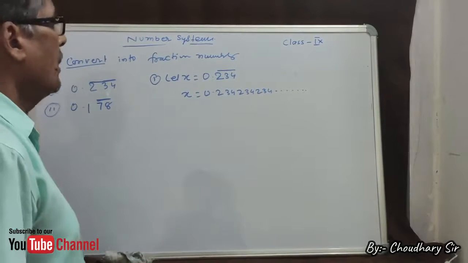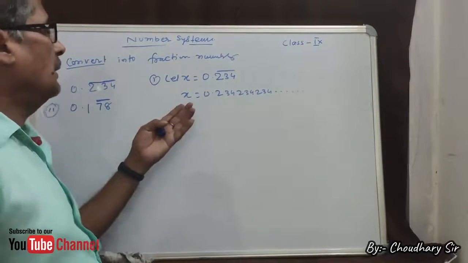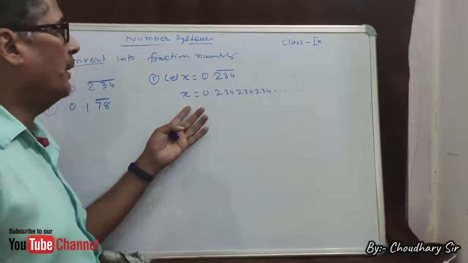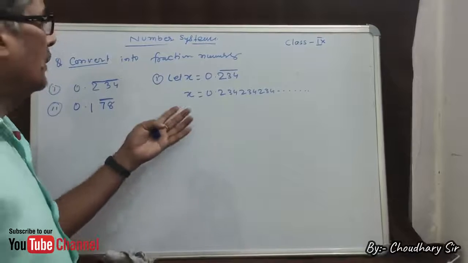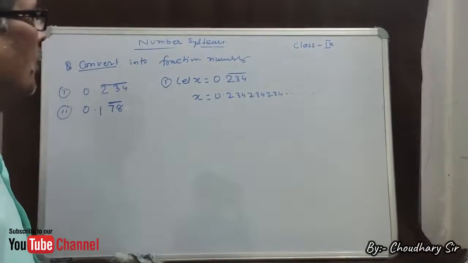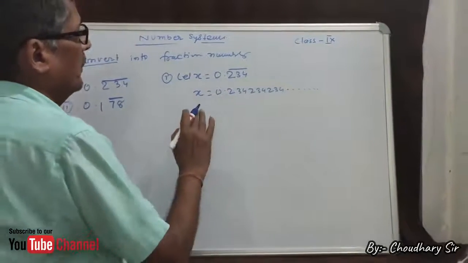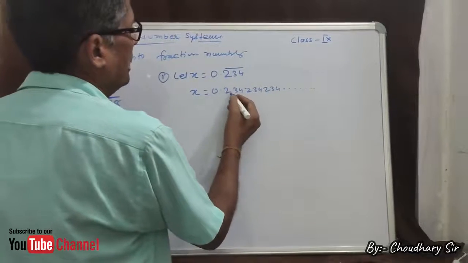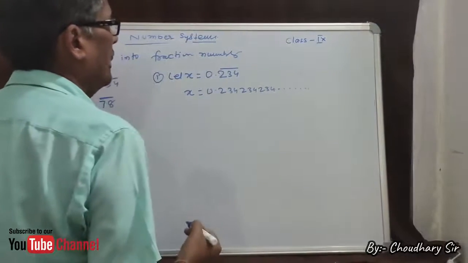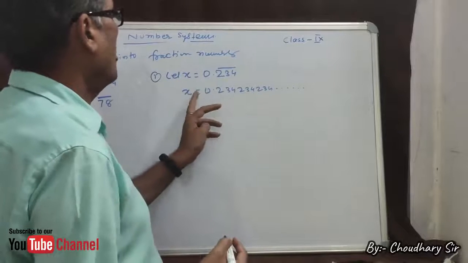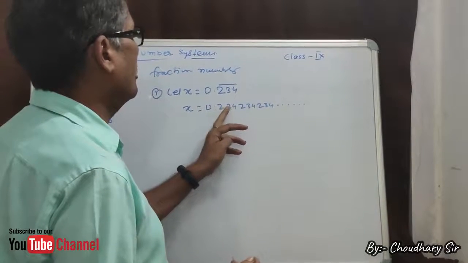Now we multiply by 10, 100, or 1000 so that the same digits come after the decimal. After the decimal we have 234.